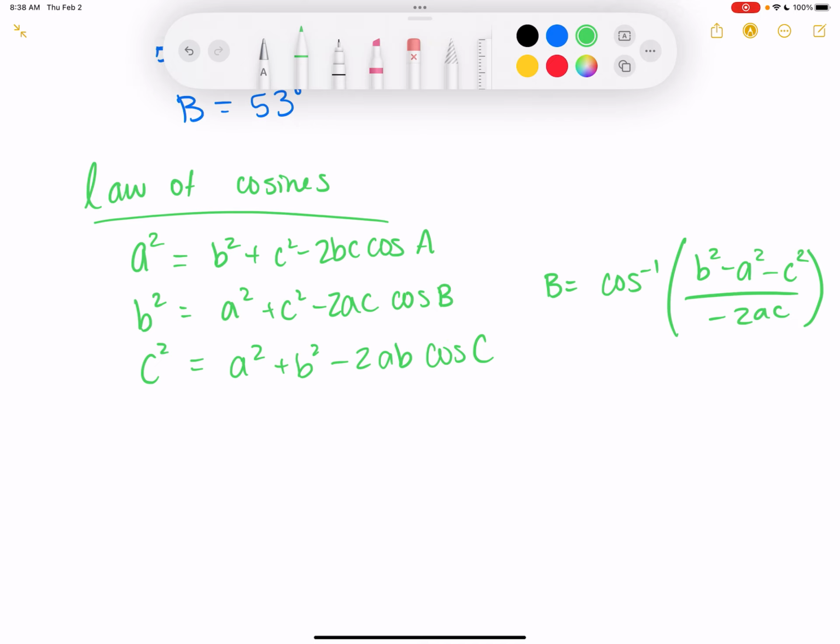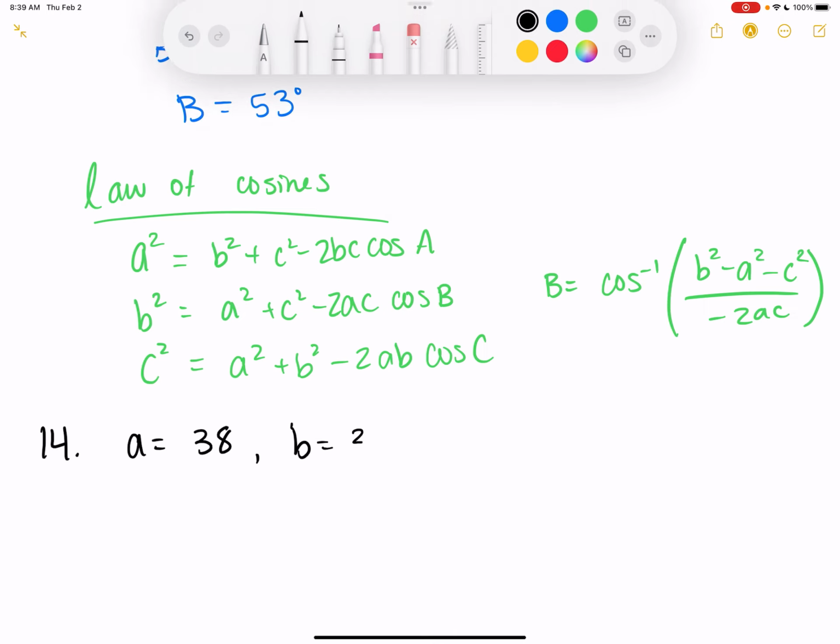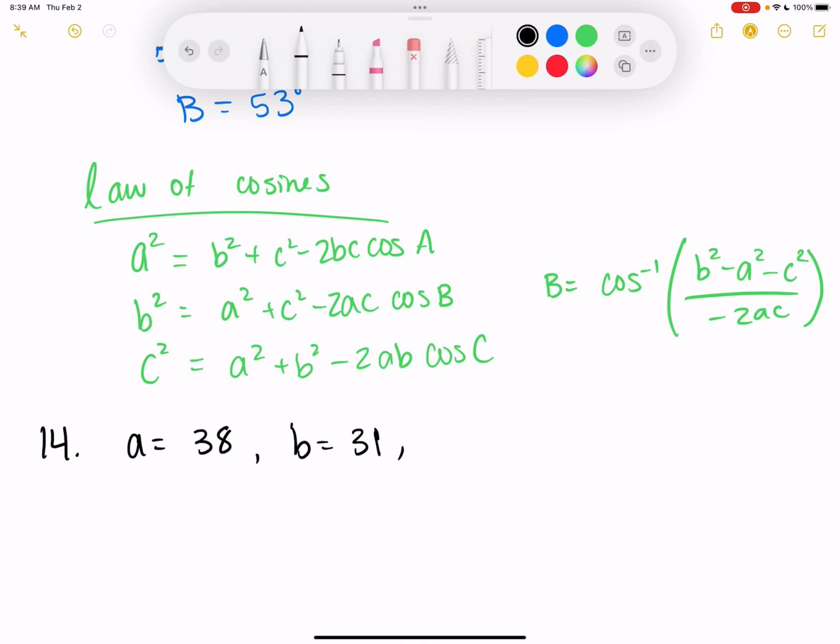Okay, so number 14 is side A is 38, so this one doesn't actually give you a triangle drawn, so you'll just have to draw it yourself. B is equal to 31. C is equal to 35.